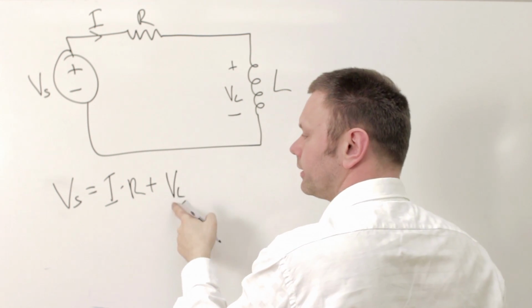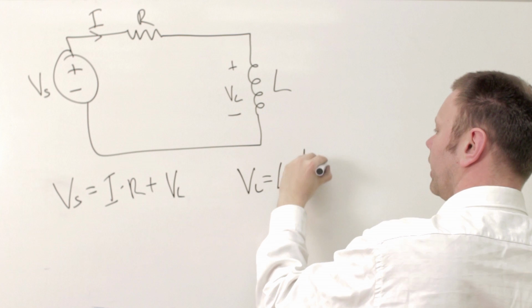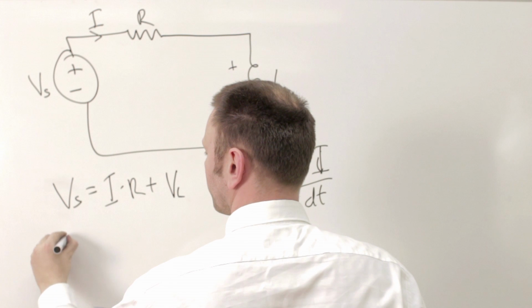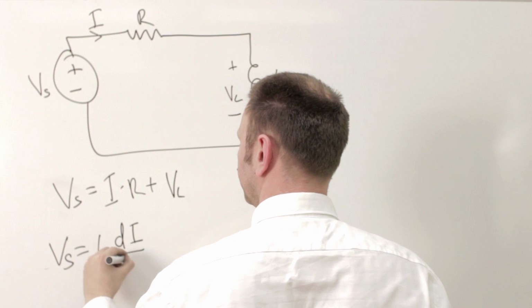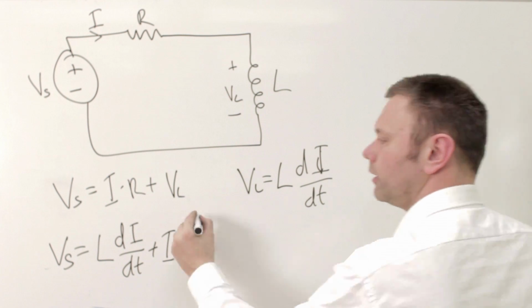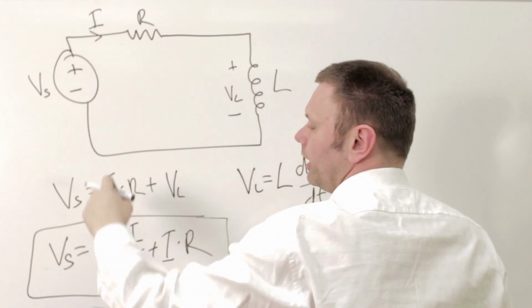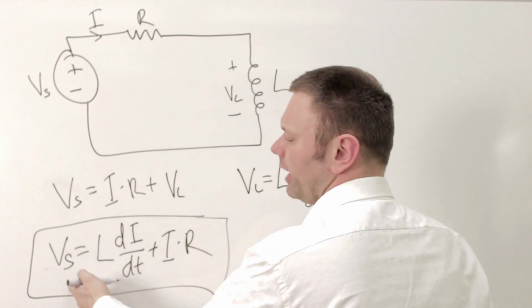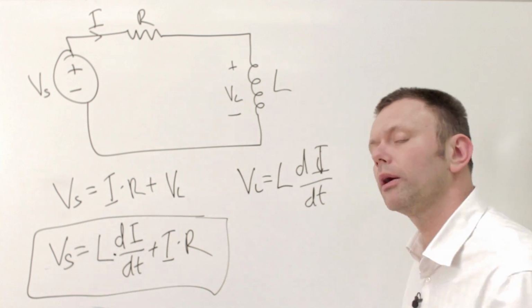But we know for the inductor that VL is equal to L di by dt. Therefore, Vs is equal to L di by dt plus I times R. So this equation here describes how the current changes in this circuit as a result of applying a voltage at the voltage source.